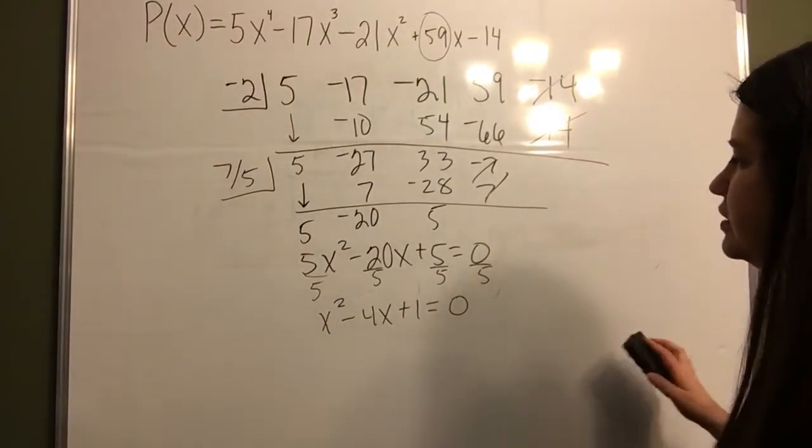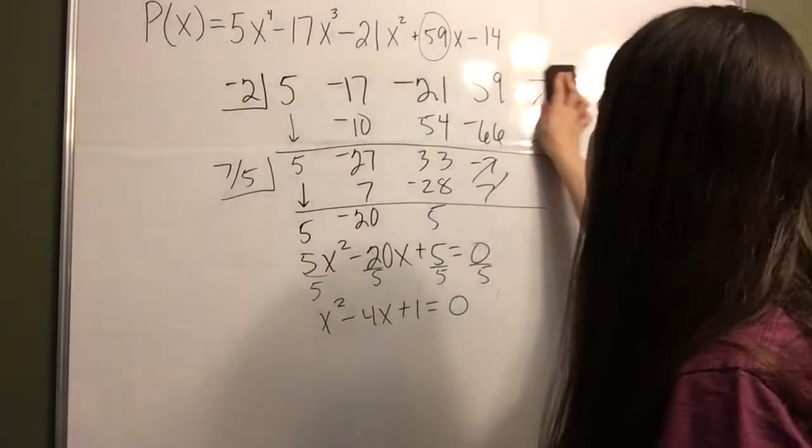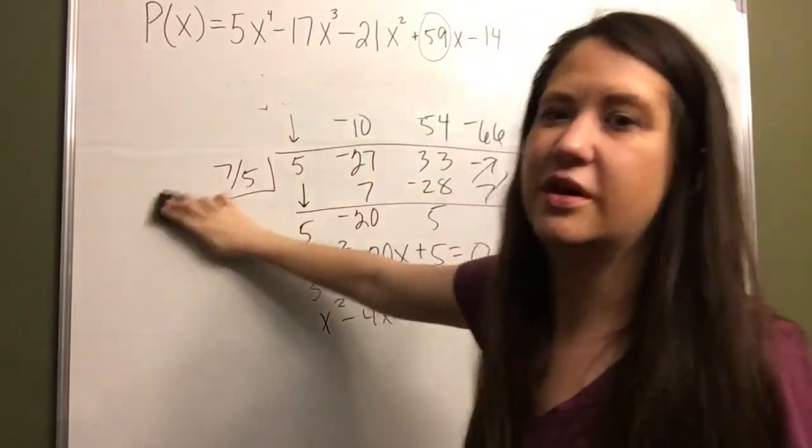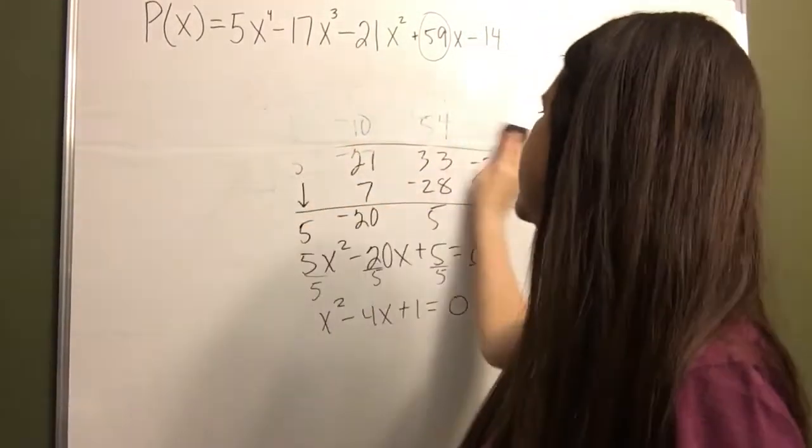I'm gonna go ahead and erase again so I have some space. That's why I like to use the document camera in class, because I'm not a huge fan of erasing all the time.